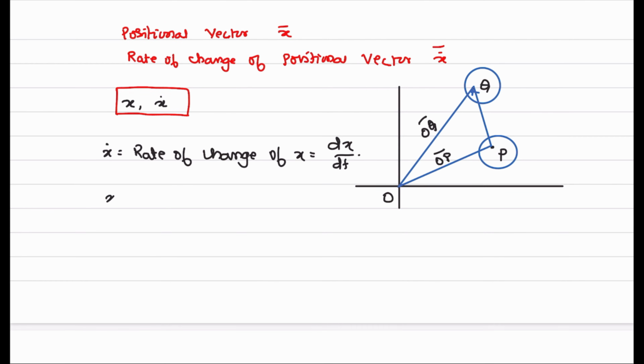Then if x is known and dx by dt is known, you can have an understanding of the system and the equations of motion. Now, this is the basis for mechanics.